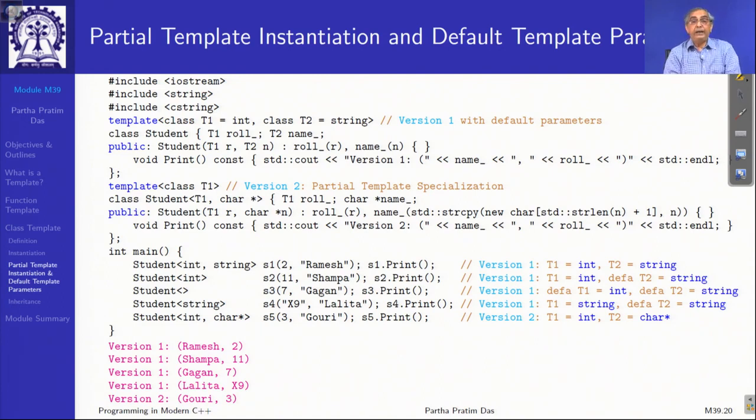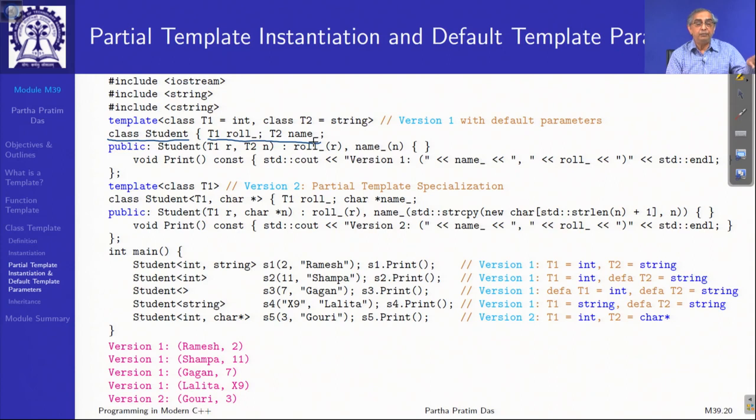Now, you can have default parameters for functions, where you can give default values. You can have default parameters for templates also, and those are known as default types. So, I am trying to define here a class student, and the student, just for simplicity, is expected to have two data members.